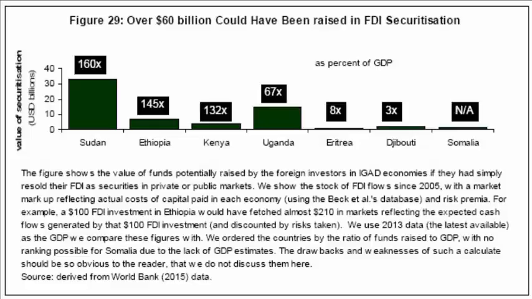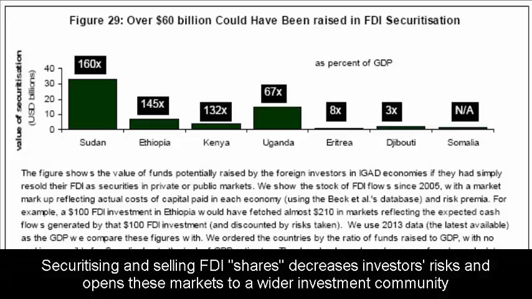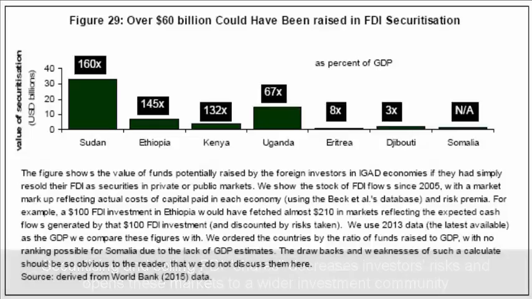And specifically, the scheme that we imagine here is we turn the foreign direct investment paradigm on its head. And instead of assuming that this investment just remains in private hands, we ask, well, what happens if these investments were securitized and instead sold publicly?